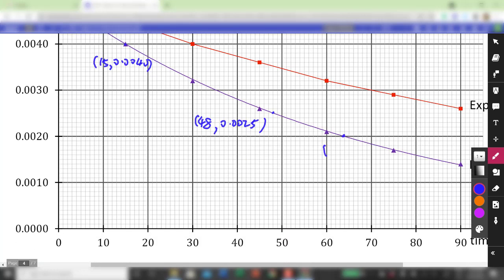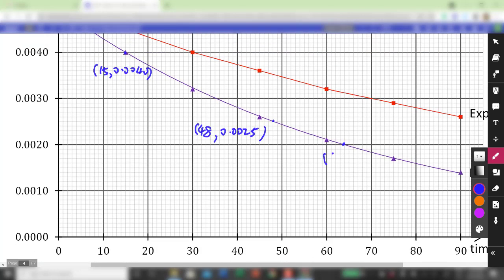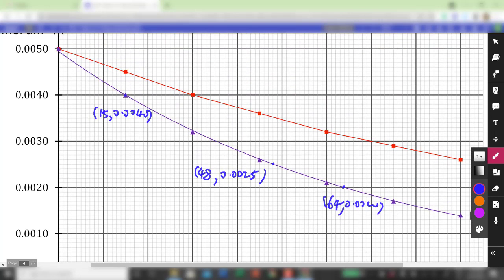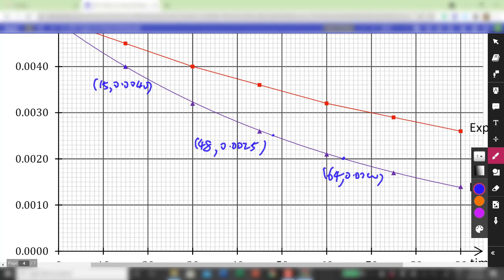So that's 64, 0.0020. So we'll take 64 minus 15 for one of the half-lives. Let me just punch the calculator. 64 minus 15, that's 49.